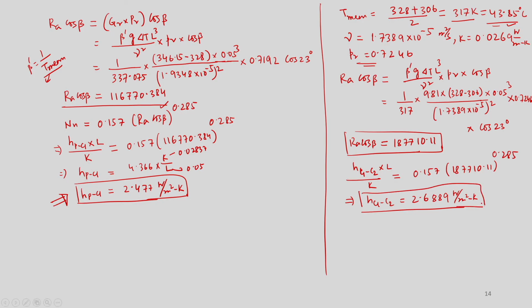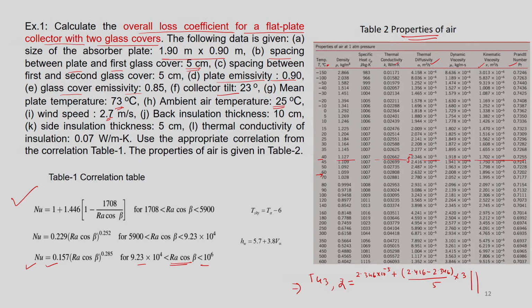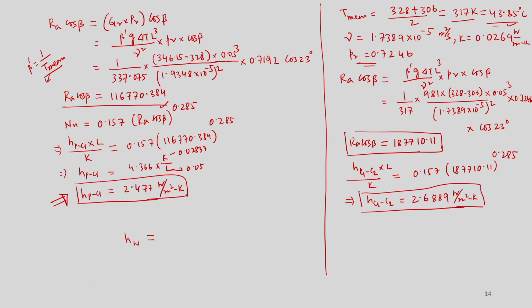What next do we want? h w, right. How to calculate h w? Already we know the expression for h w, which is also given here in the problem. So, h w is 5.7 plus 3.8 into velocity U infinity.